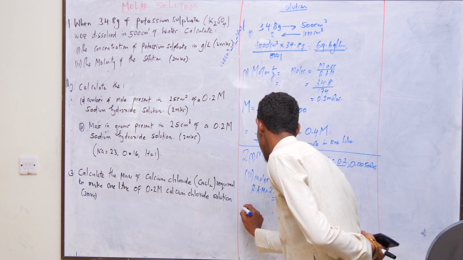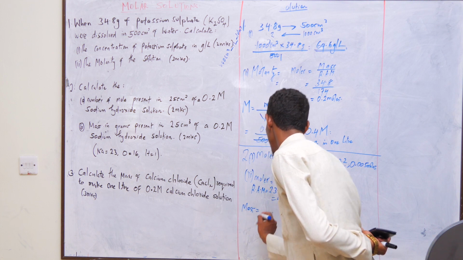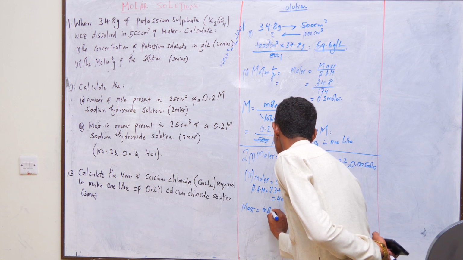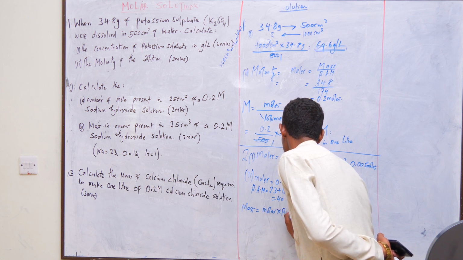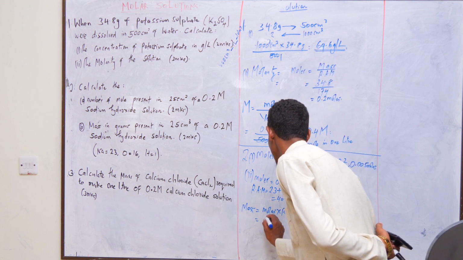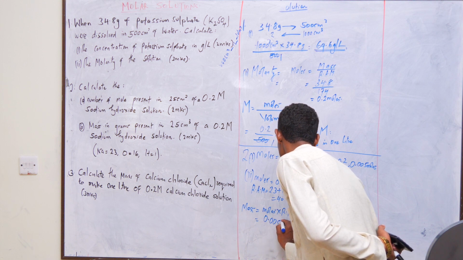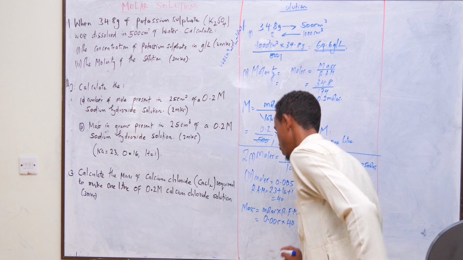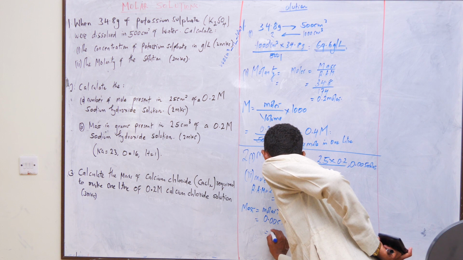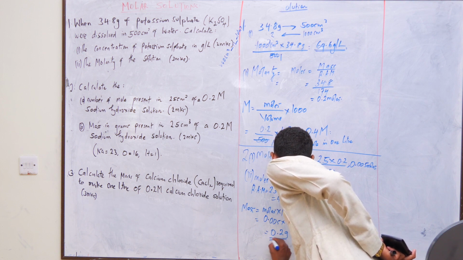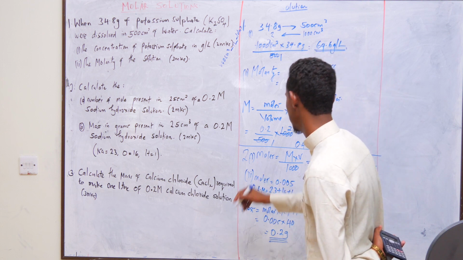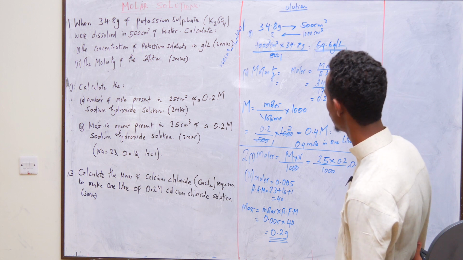Now we're going to get mass, which will be equal to moles times the relative formula mass, which is 0.005 times 40. Now we're going to get 0.2 grams. That is the solution to question number 2, part 2.